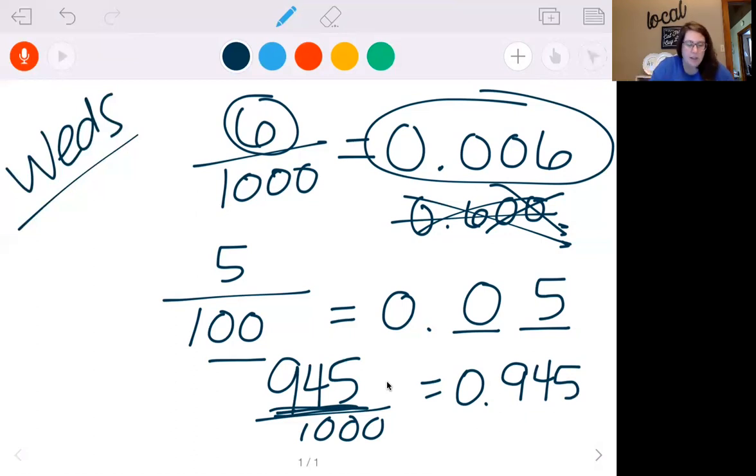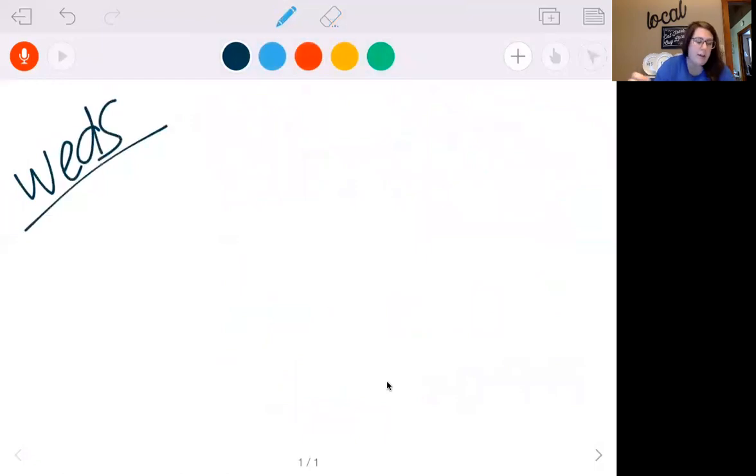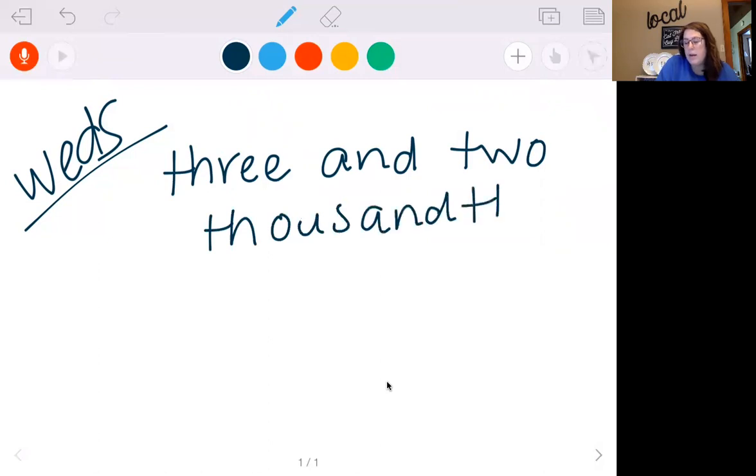Okay, let's do one like this. If they give you 3, sorry, I'm going to write this in words, 3 and 2 thousandths, they want you to take that and write it into a decimal or standard form.